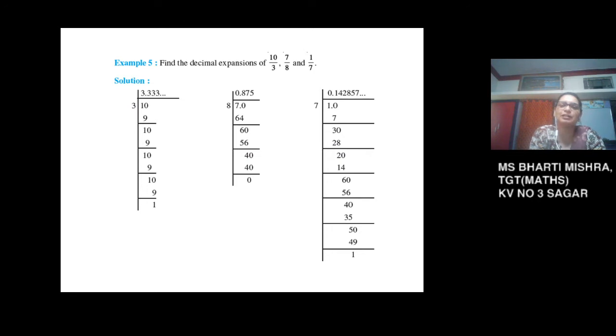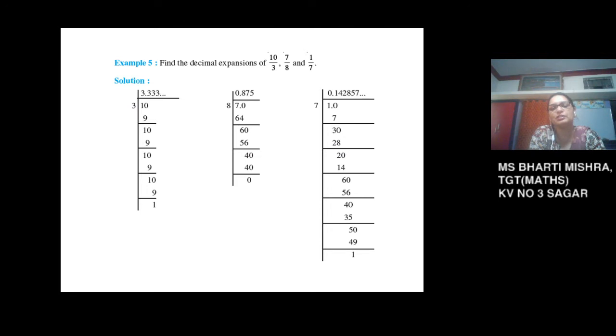So this is a non-terminating recurring decimal. Further we will discuss how this non-terminating recurring decimal can be represented as a rational number also, in the form of P upon Q. Now the second expansion is 7 upon 8. When you divide 7 by 8, we get the result as 0.875.